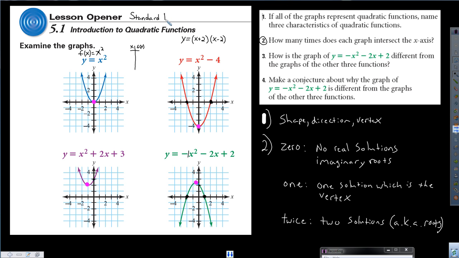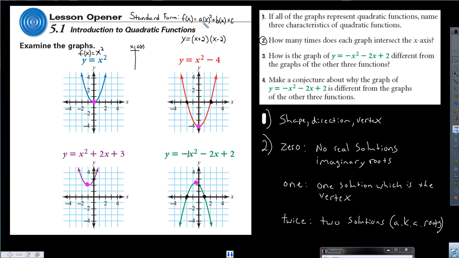The standard form would be f of x equals ax squared, a times x squared, plus b times x plus c. Now understand, I put parentheses around there to reinforce to students that we are multiplying a times x squared, b times x. You do not need those parentheses there.